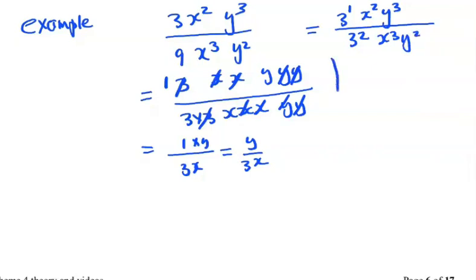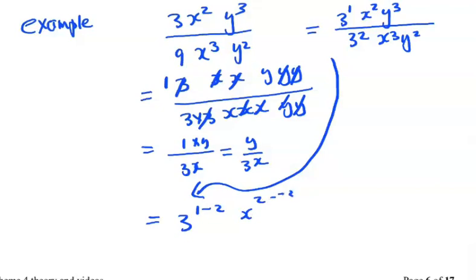So if I now use my exponent laws, I will get 3 to the power of 1 minus 2, that's the subtraction rule, times x to the 2 minus 3 times y to the 3 minus 2. Like that. So that gives me 3 to the minus 1, x to the minus 1, y to the 1.